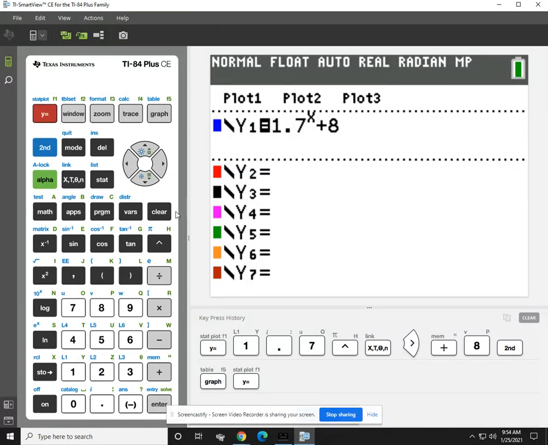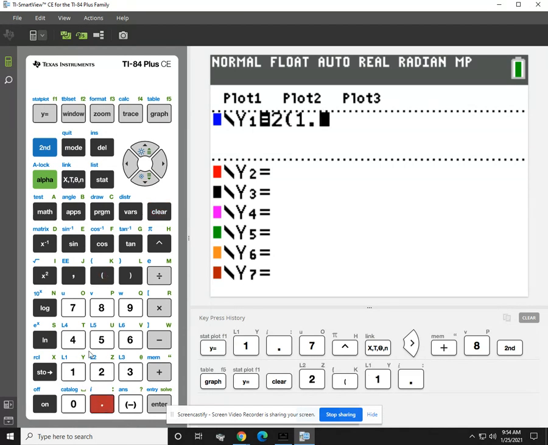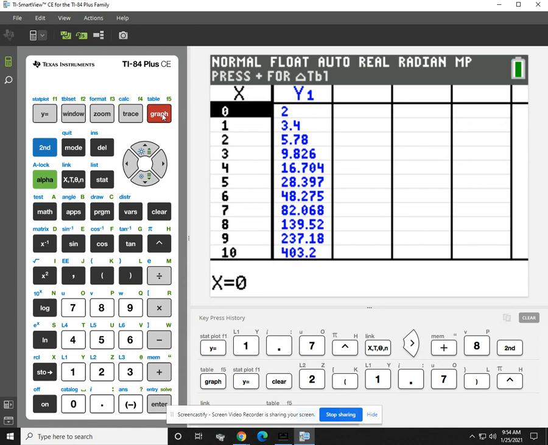So let's try B. Hopefully it'll be a little closer. So I'm going to enter this one. It's 2, open parentheses, 1.7, close parentheses, raised to the x. I'm going to look at that table now, and let's see if it's a little better. At 1, it's 3.4. Is that pretty close? At 4, it's about 16.7, almost 17. Is that pretty close?